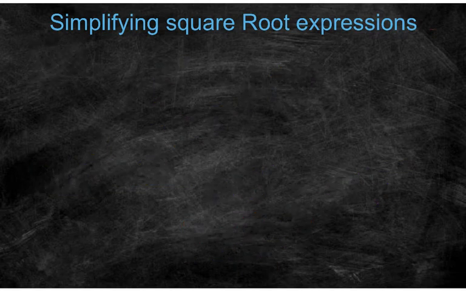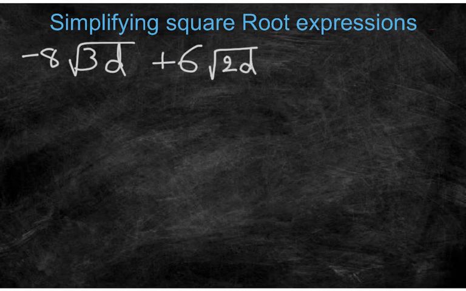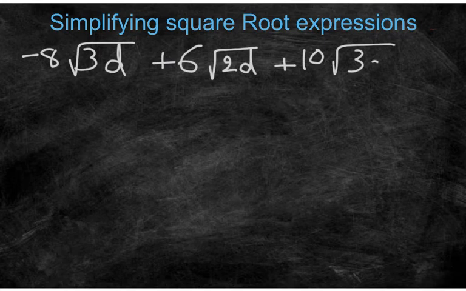We want to simplify this expression: negative 8 square root 3d plus 6 square root 2d plus 10 square root 3d. 10 square root 3d and negative 8 square root 3d are like radicals.